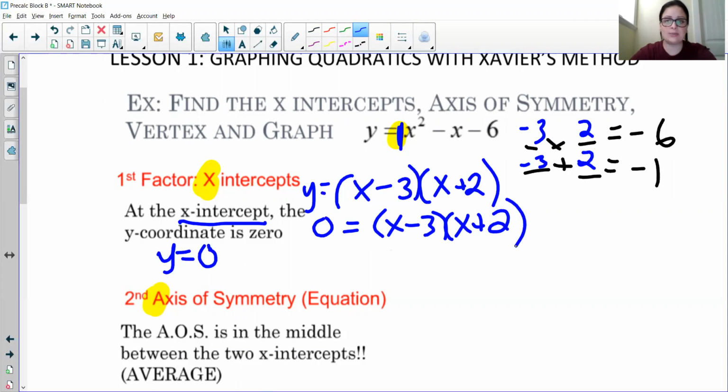So there's two possibilities for this. If this first bracket equals 0, so if x minus 3 equals 0, the whole thing will equal 0. So you just have to rearrange, do some algebra, and find out, well, hey, if x is 3, this first bracket that I've highlighted in yellow will be equal to 0.